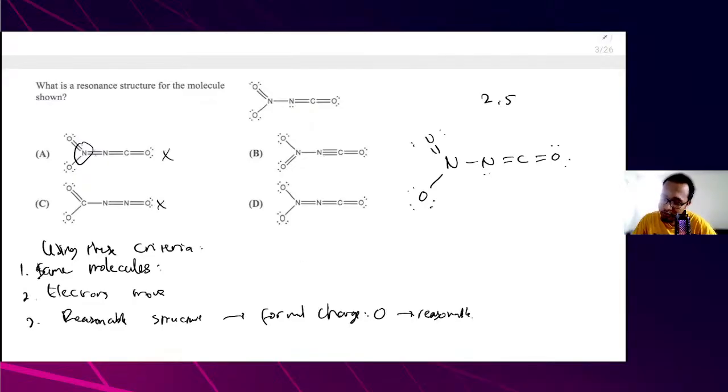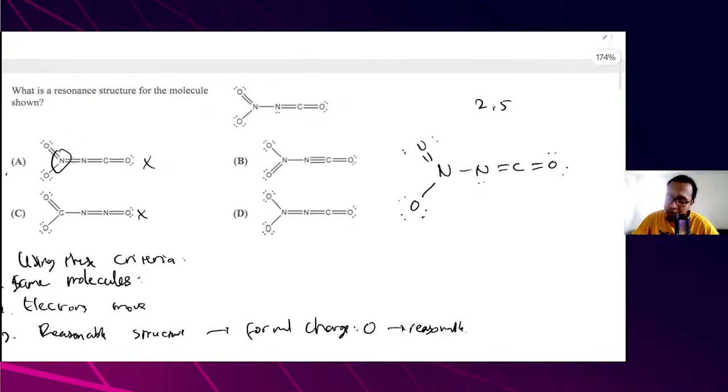Let's open the structure. Oh, it's only 6, so it doesn't make sense for this one. It should be something like this. Not a reasonable structure, so we can eliminate option A.